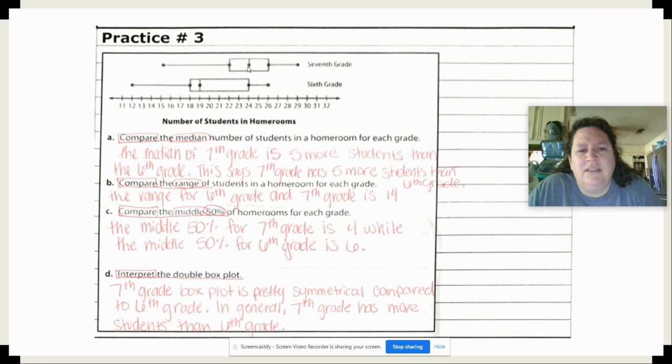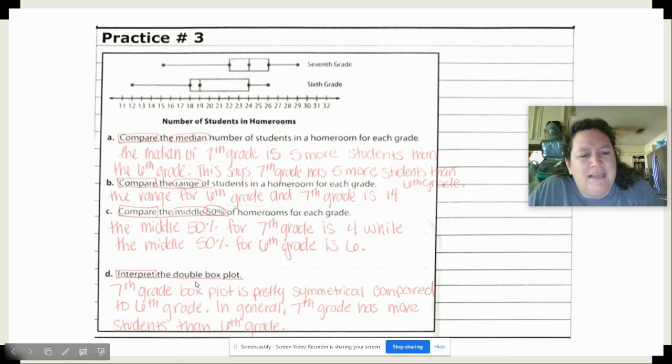Also notice that the 7th grade IQR, or middle 50%, is very evenly distributed, whereas the 6th grade is kind of wonky. It's got this little bitty one over here, which means a lot of classes have 18 to 19 students, and not as many classes have 19 to 24, because if this is 4 classes, this is 4 classes, okay? So it's spread out more.